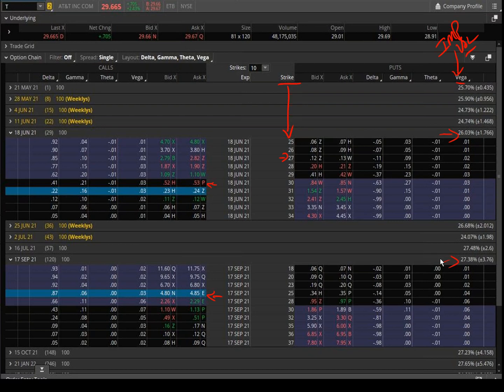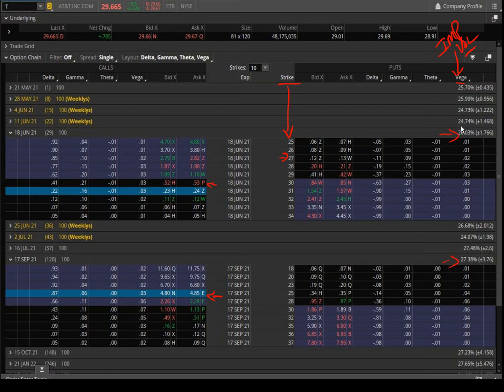Now, if you're thinking, hey, I was just looking at Tesla and I saw this Vega number at 60, so these prices are cheap, well, yes, in comparison to Tesla, but we aren't trading Tesla here.